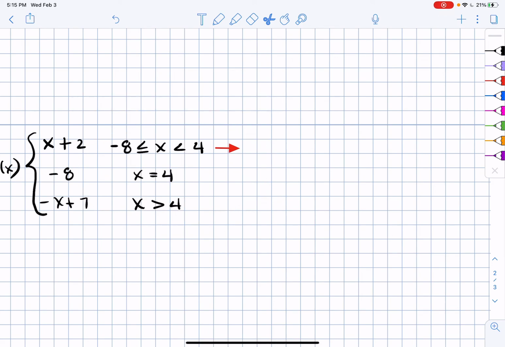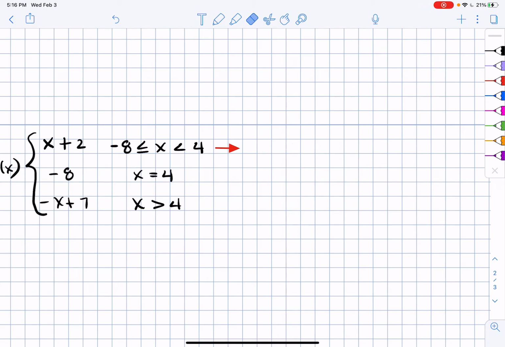I can read that x is equal to 8, right? And x is equal to 4. How do I want to do this? I'm trying to think of a good way to show you guys.